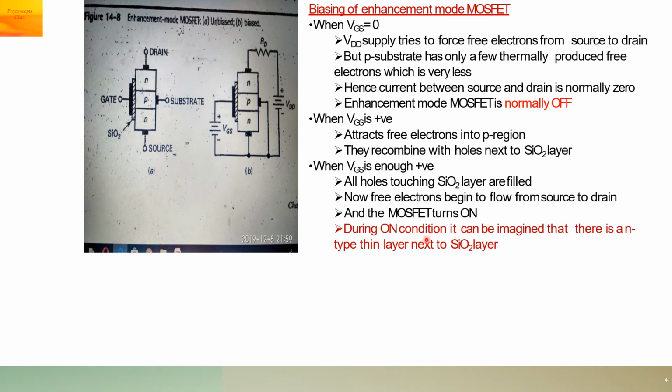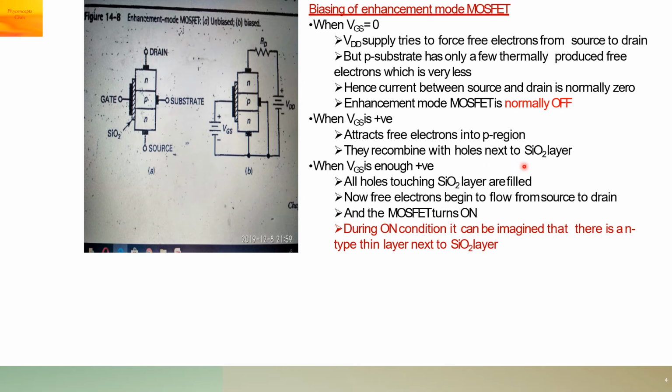During the on condition, it can be imagined that there is an N-type thin layer next to the SiO2 layer, because the free electrons combine with the holes in the P region. The holes were earlier the majority, but now they have been filled with the electrons.